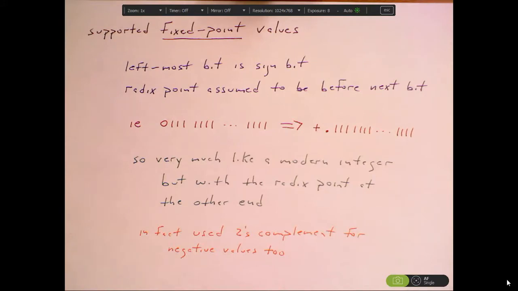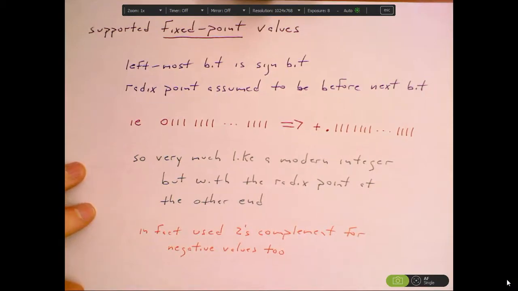So very much like a modern integer, but with the radix point at the other end. In modern days, we think of integers as having the radix point immediately to the right of all the bits. But very similar to our concept of a modern integer. And in fact, this machine used 2's complement for negative values, just like we see on modern machines.